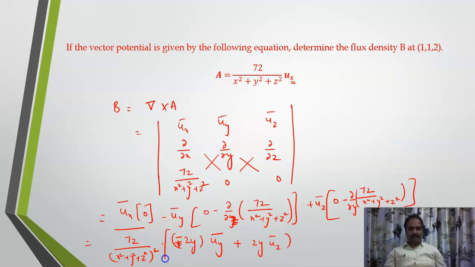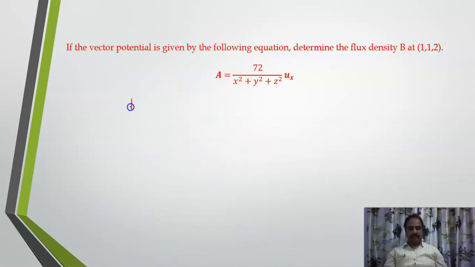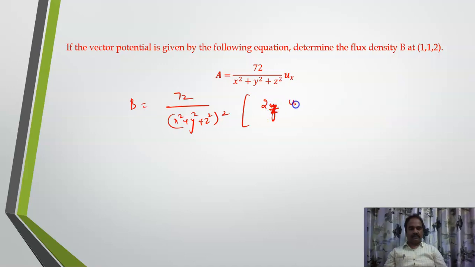Okay, so I'll write it again here. B is equal to 72 by x square plus y square plus z square whole square into 2z uy bar minus 2y uz bar.